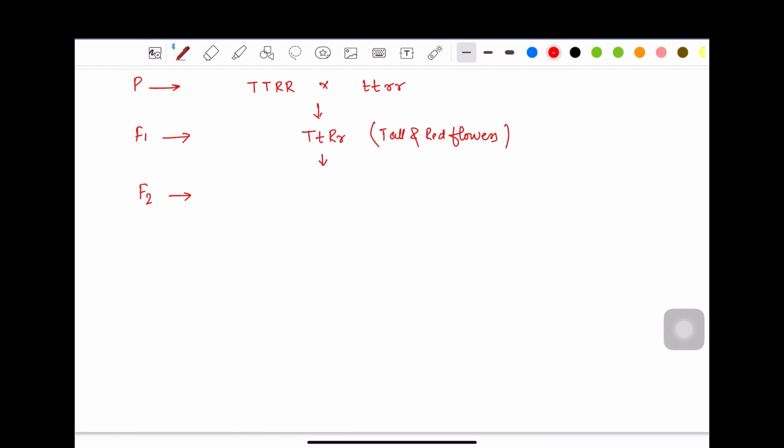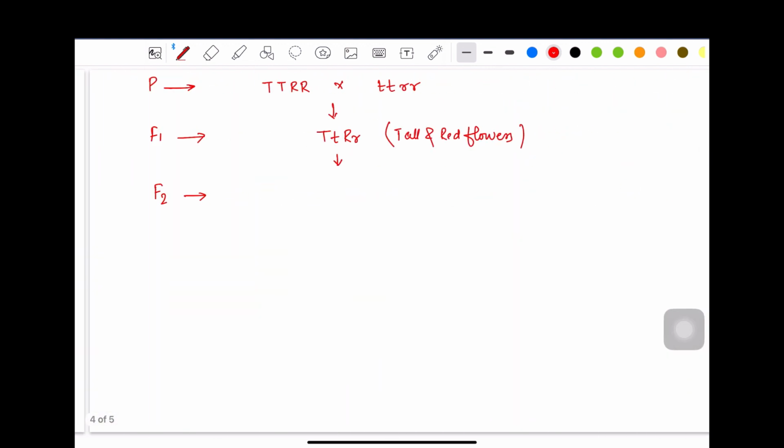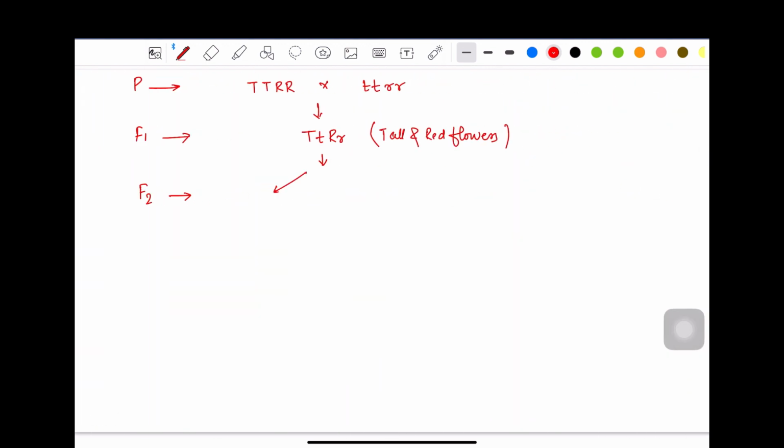Now there will be four types of phenotypes produced. First of all, tall and red flowers, which is the parental type, and this will be 9 in the ratio, followed by tall and white flowers, which will give the ratio 3. Dwarf and red flowers.